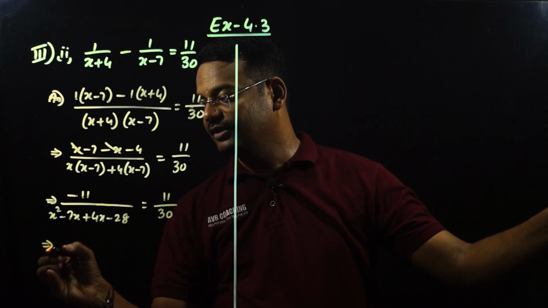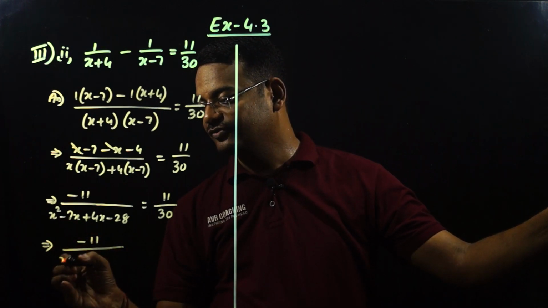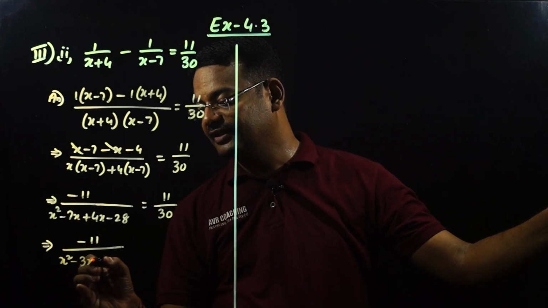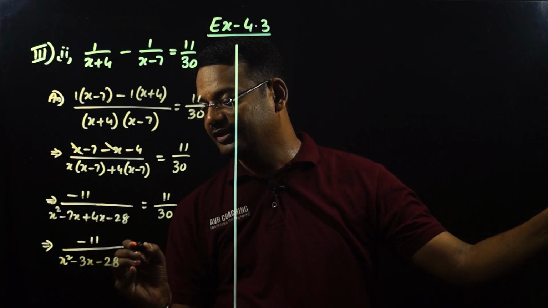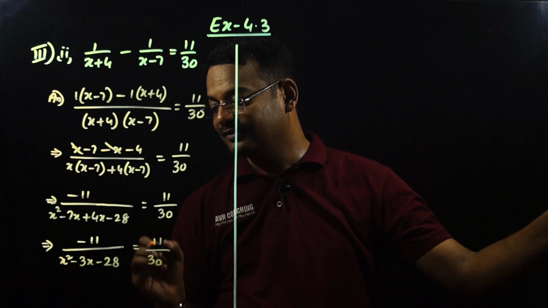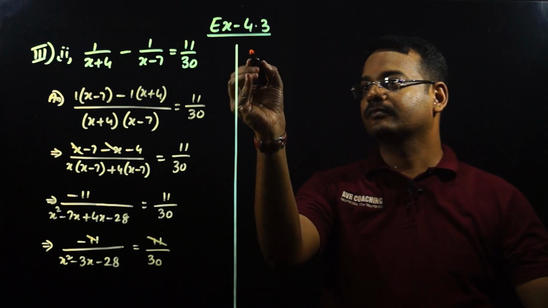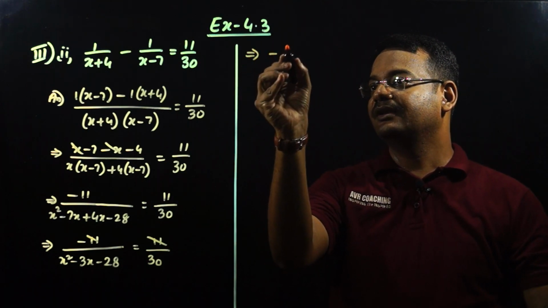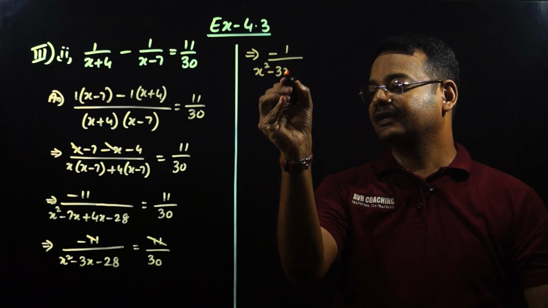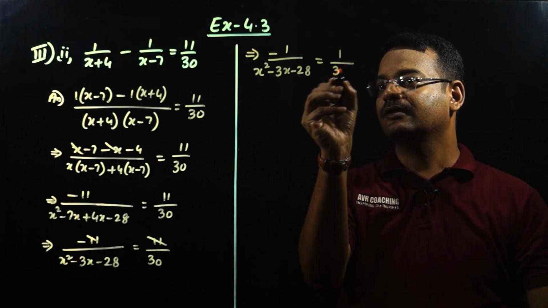So this will be equal to minus 11 by x square minus 7 plus 4 is minus 3x minus 28 equal to 11 by 30. We can cancel 11 and 11 here and write minus 1 by x square minus 3x minus 28 is equal to 1 by 30.